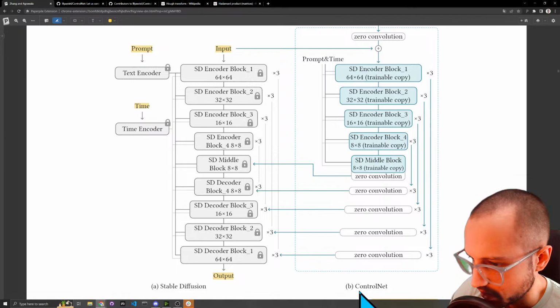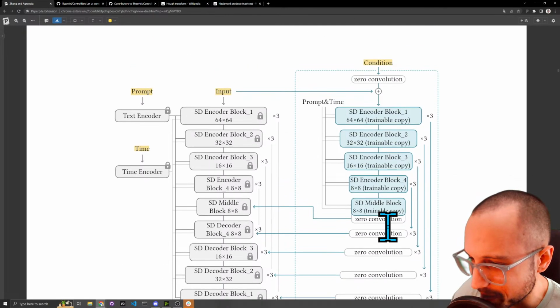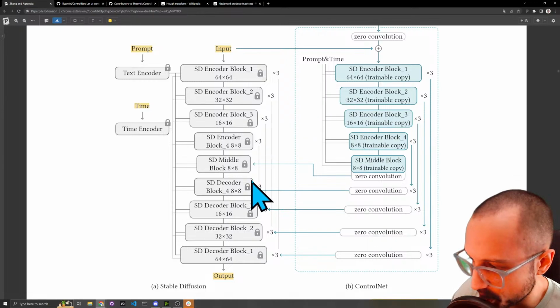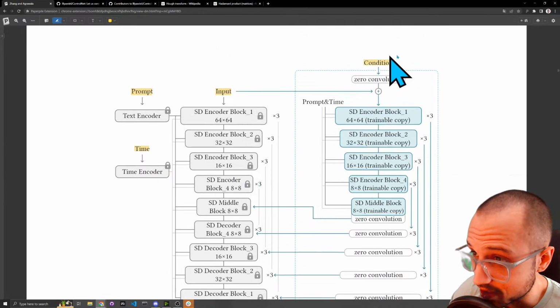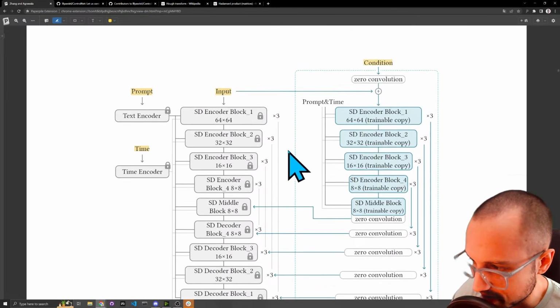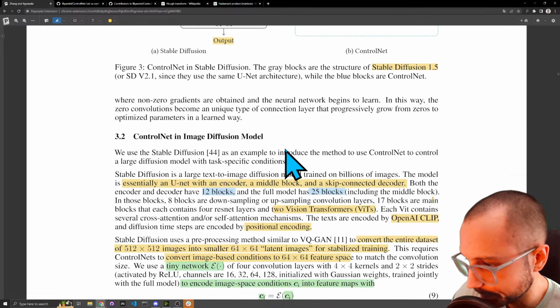So the ControlNet parasite, I like this term that I made up for it, is specifically designed for this diffusion model architecture, right? The number of these blocks, the size of these blocks, the size of the input, the size of the output, all of those need to match exactly with the diffusion model that you use.